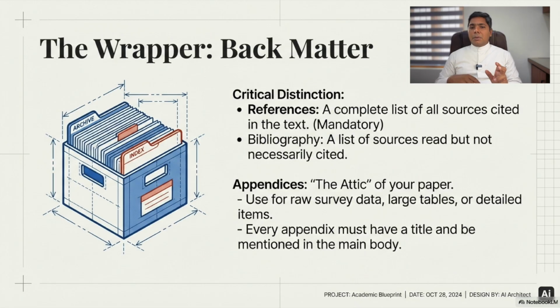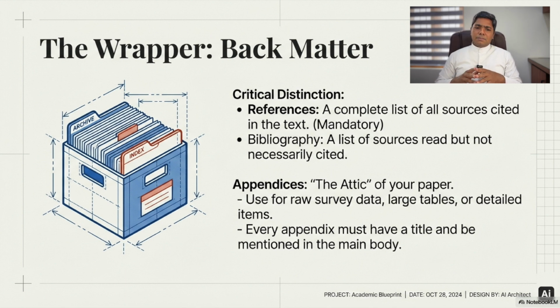For example, Appendix A, survey questionnaire, Appendix B, statistical tables, etc. Here you have to notice that if something is not worth mentioning, you don't have to include it in the appendix section. Or if you haven't referred to something in the dissertation, in that case also you don't have to use it in the appendix section.